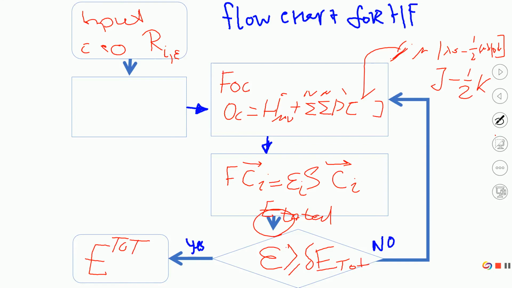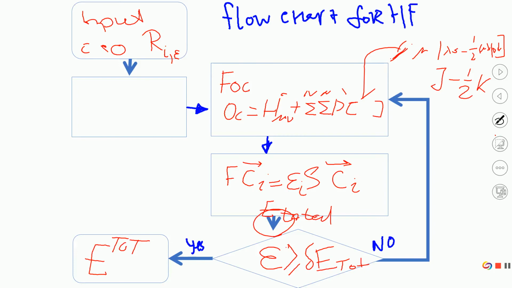Okay, and in this feedback loop, one is providing updated molecular orbitals or expansion coefficients into the formulation of the Fock matrix, because the symbol P includes the C coefficients.